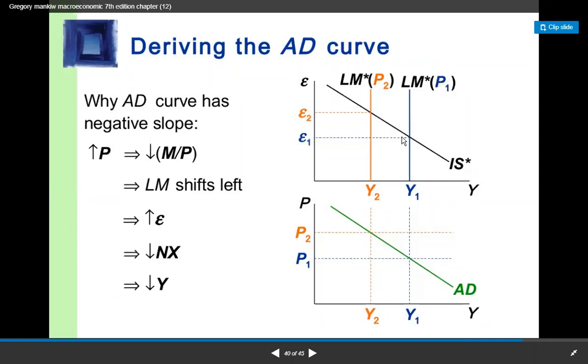Okay. This equilibrium point, we will draw vertically below. We draw a graph.